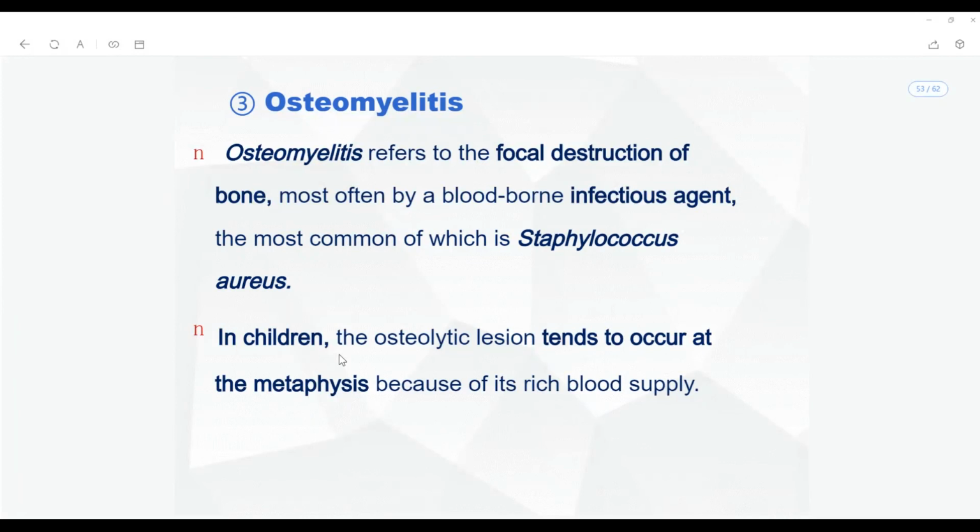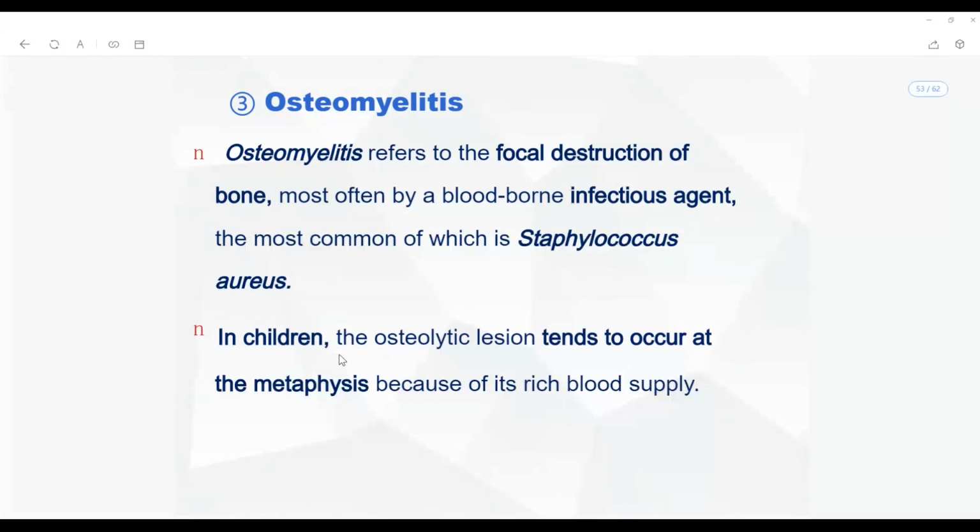It is an infection. Multiple myeloma is a malignant primary bone cancer, right? And Paget's disease is a metabolic bone disorder. So all of them are entirely different clinically, but the appearances might have the same features, right?